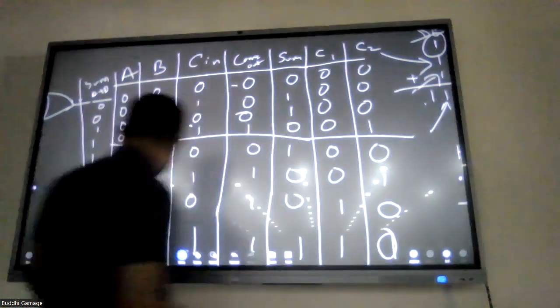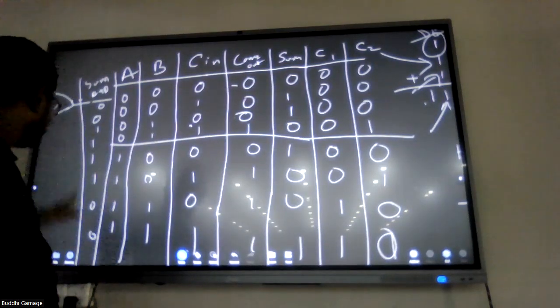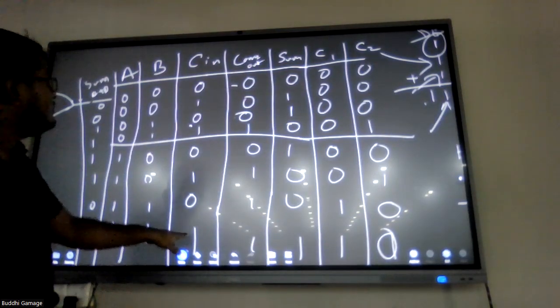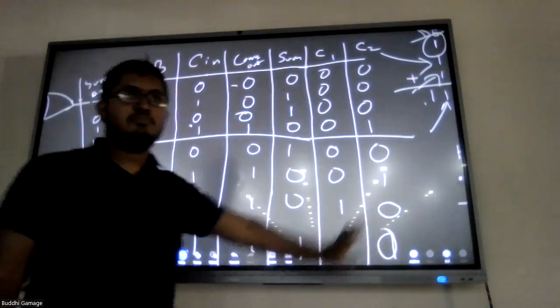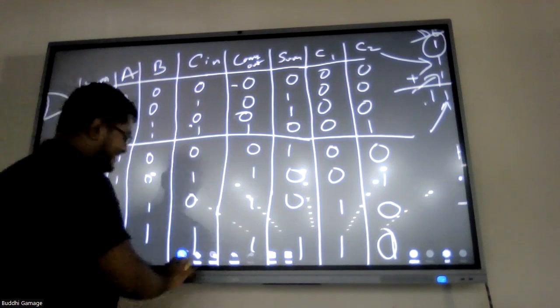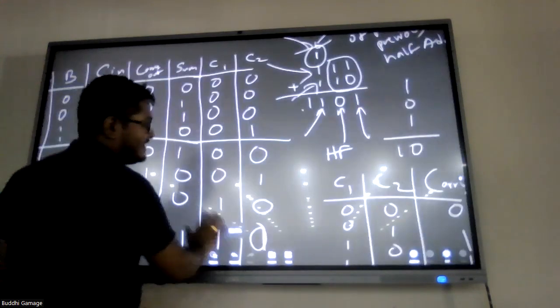The final one should be 0 because the summation of A plus B is 0, 0 and this one. So carry out is 0, right? So that's the error.